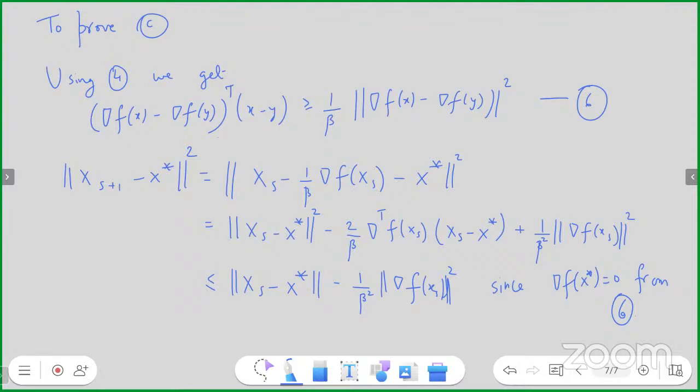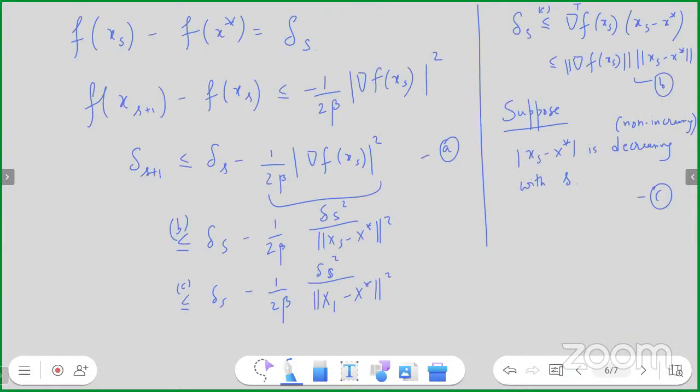All right. So now we are left with taking the recursion and proving the result. Okay, who wants to attempt the recursion? Let's look back at the recursion. What is the recursion? Del s plus 1 is less than or equal to del s minus some, you can think of this as a constant, times del s of square.